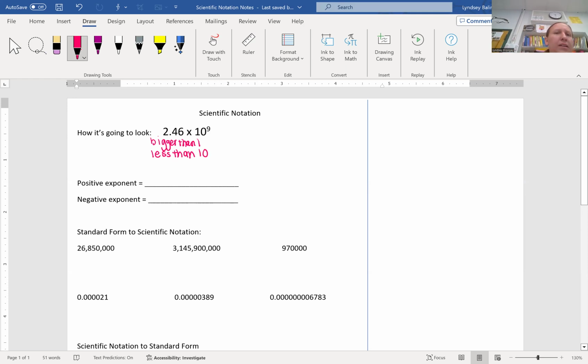And it always is followed by some multiplication by some power of 10. If it's a positive exponent, that means we are dealing with a big number. If it is a negative exponent, it means we are dealing with a teeny tiny decimal. So those are the general steps.